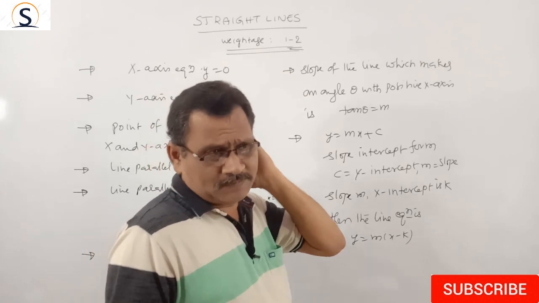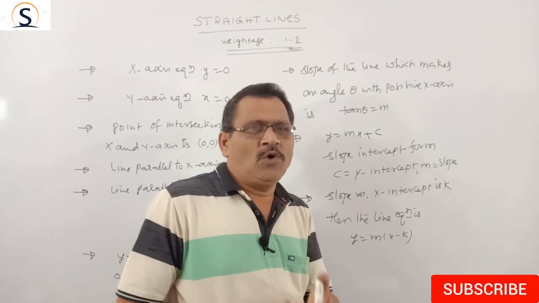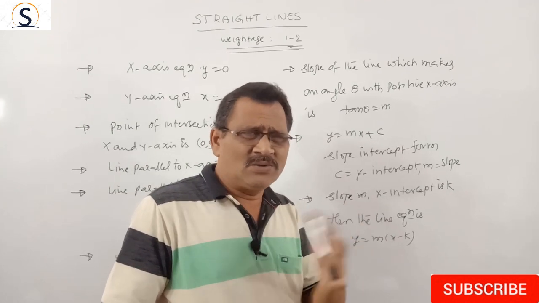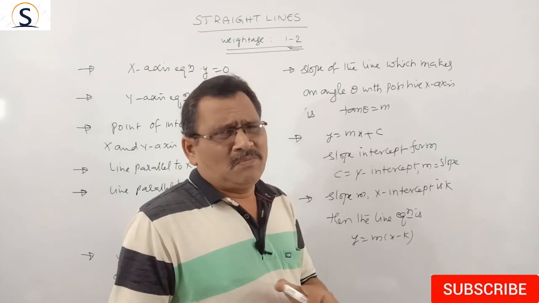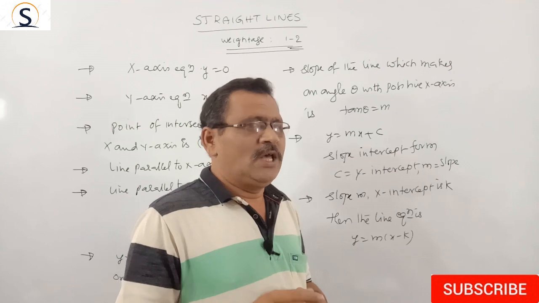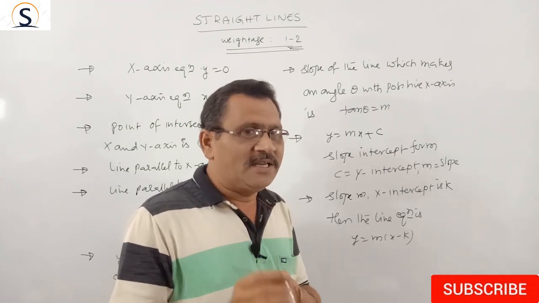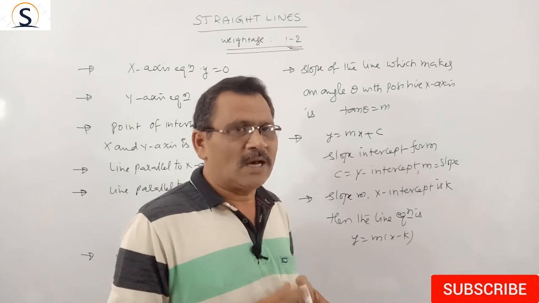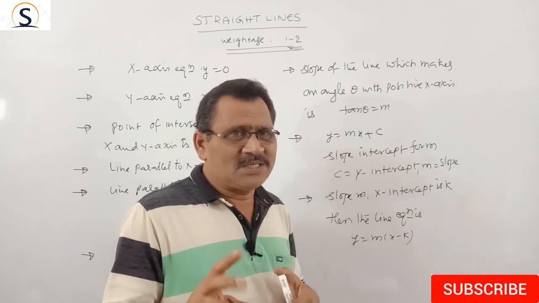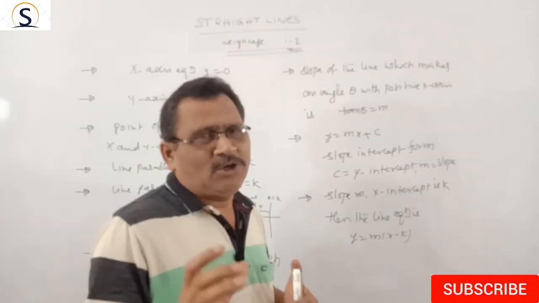Observe, friends. For this Ecet entrance, there is no need to prepare any shortcuts. Simply simple concepts and simple problems. So out of 50 marks you can cover 40 marks. Only the difficulty level is only 10 marks. So for the remaining, simply prepare these synopses, just 5 to 10 synopses for each chapter, and then 10 to 15 problems.